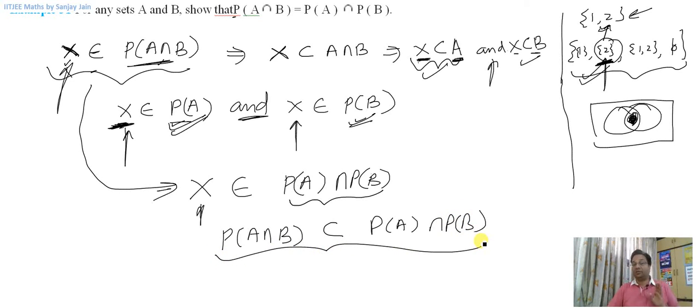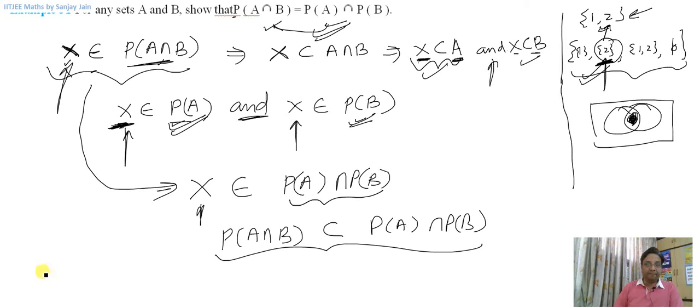Now this is half the solution, because we also need to prove vice versa, that this is a subset of this. So we will again start with a general element that belongs to this set.